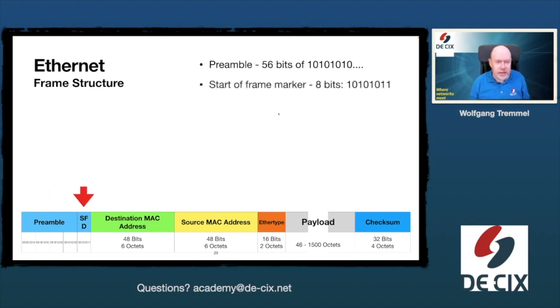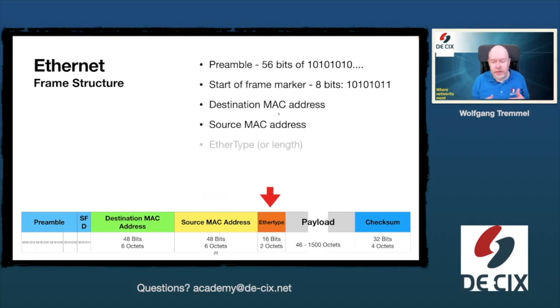So next is the destination address. A receiver must check if this matches its own hardware address. The address of an Ethernet card is built in hardware, usually. Then we have the source address, that's the Ethernet address of the sender.